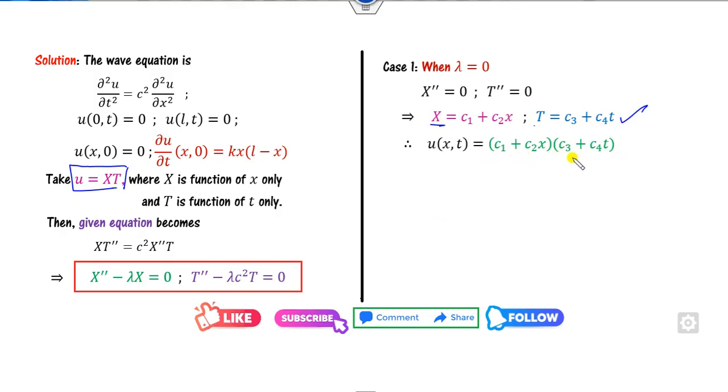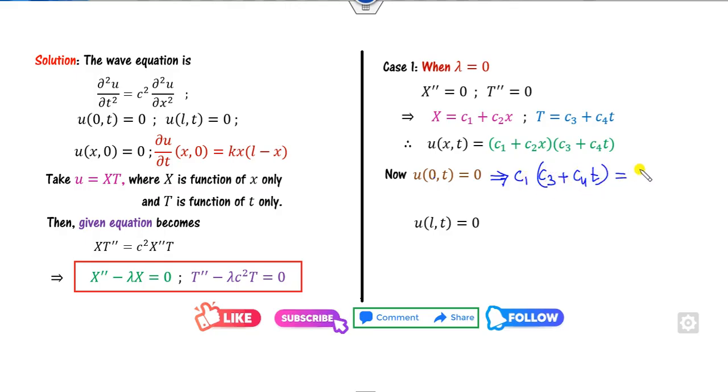Once you get the solution, I can apply step number 2: all those terms whose right hand side is 0. Firstly, when x is equal to 0, it is c1 times (c3 plus c4 t). Again you can see this quantity can never be 0, otherwise u will be 0.